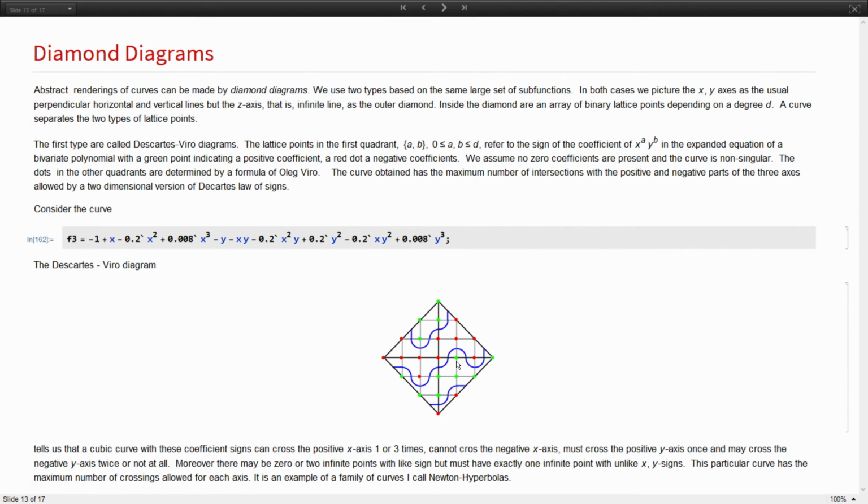The negative y-axis can have 0 or 2 crossings, and there are going to be 0 or 2 infinite points in the positive infinite line, which means the coordinates are the same sign, and we have to have 1 in the negative one. So this gives us quite a bit of information about the curve, and that's really just Descartes' rule of signs. Nothing more complicated than that.